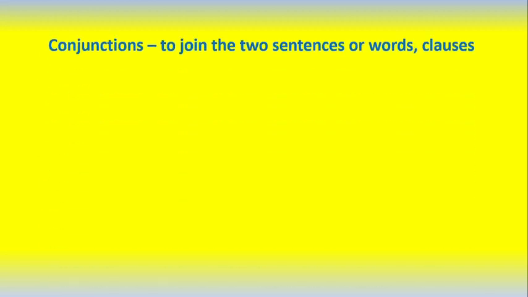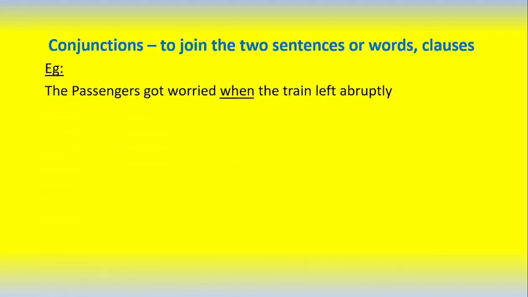Next one, how can we use conjunctions in a sentence? Remember, conjunctions are used to join two sentences or words or clauses. That's what a conjunction does. Examples: the passengers got worried when the train left abruptly. See here, two sentences are there: the passengers got worried, the train left abruptly.